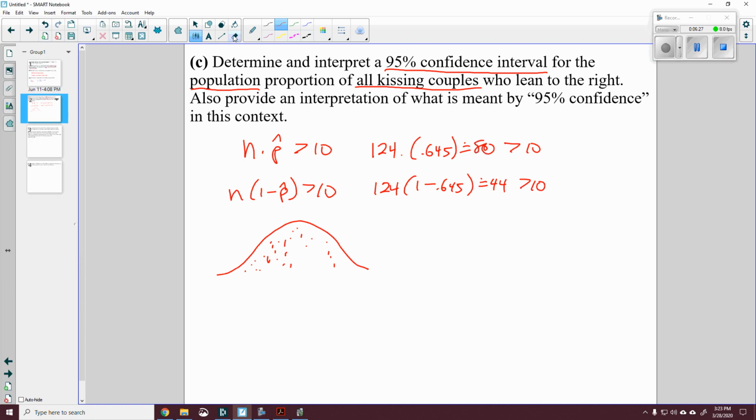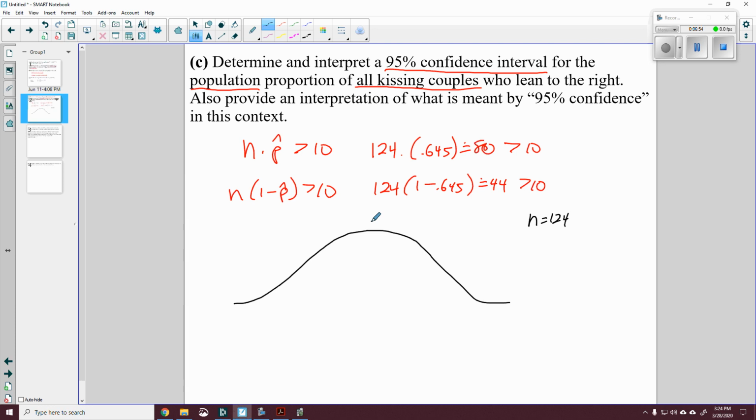So let's erase this picture that I did a minute ago and get one that's a little bit bigger and easier to use. So this represents every single sample that I could take of 124 kissing couples. So n is equal to 124, and the proportion of them that lean their heads to the right.